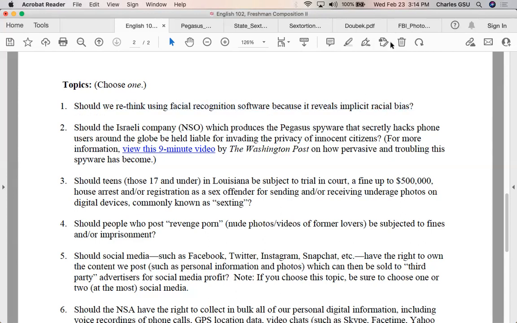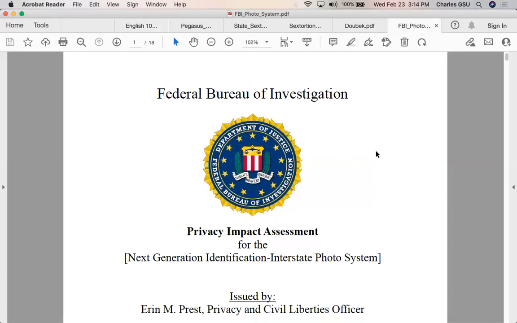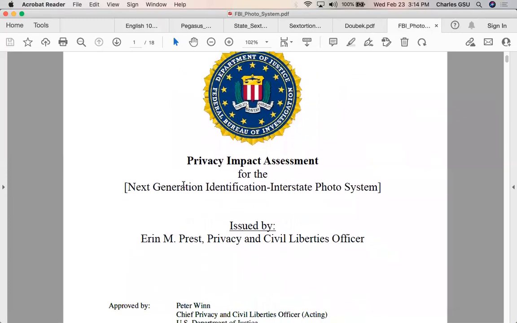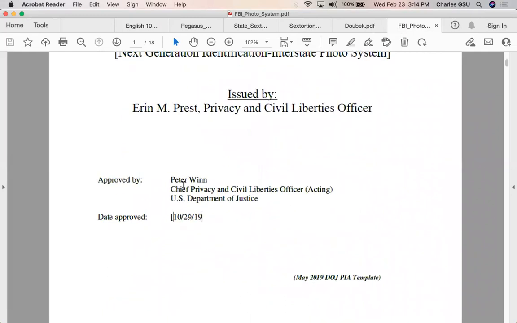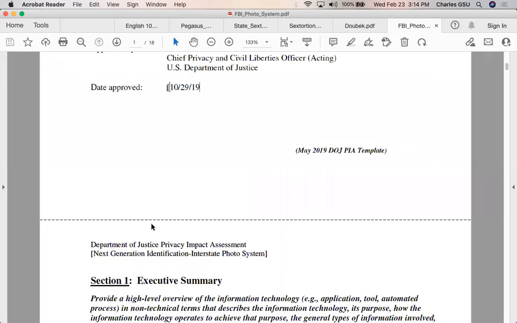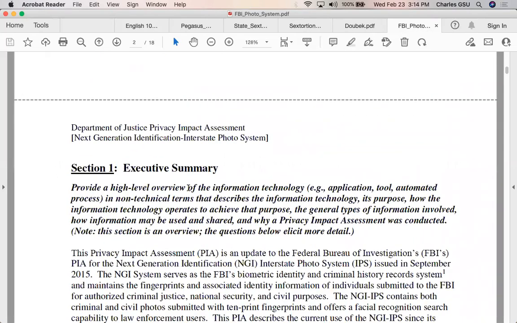And there's a document in here, in your folder, that is from the FBI. I try to give you guys legitimate, authentic sources, and this is from 2019. And it's about the application, really, in the FBI of information technology.